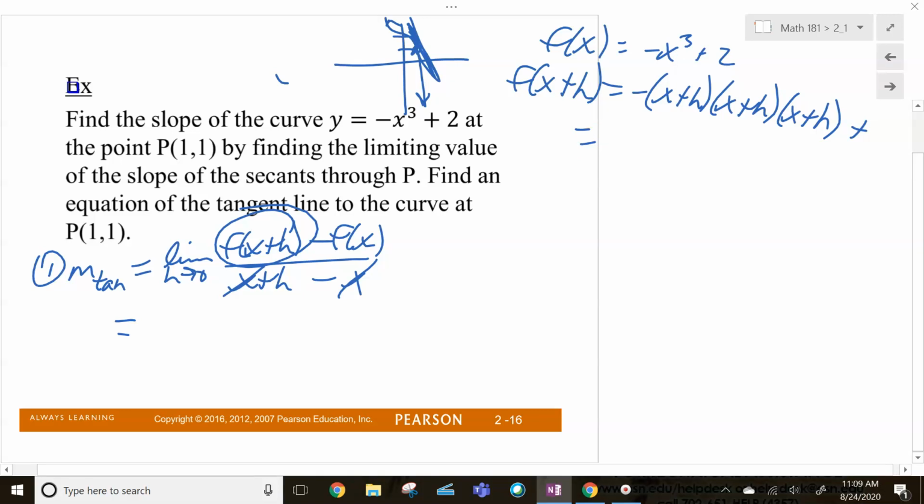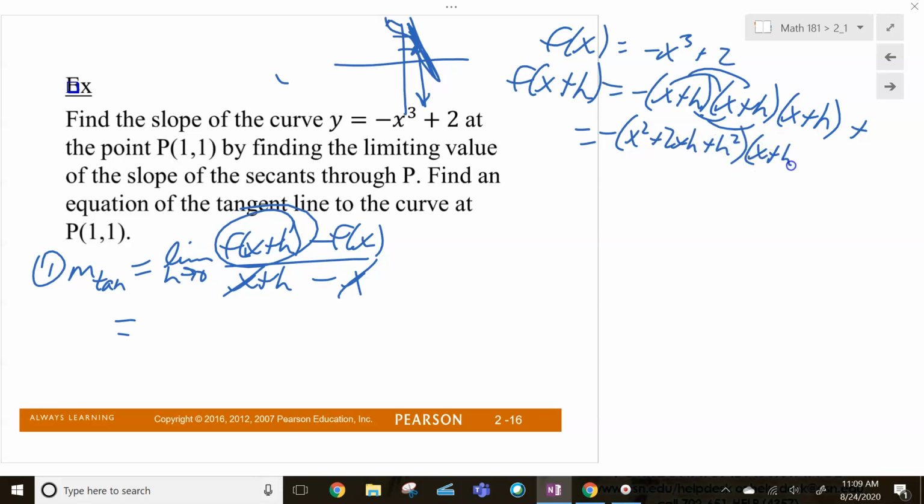Pretty tedious here. And so you'll end up with, let's see, you're going to distribute these, you got x squared plus 2xh plus h squared, and then you're going to multiply that by x plus h. Don't forget you got a plus 2 on the end. I'm going to forget about the negative for a minute in front, but I'm going to multiply that through, and then I'm going to take the h through.